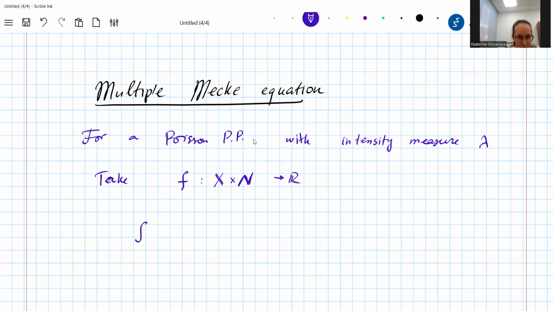Then if I integrate over all points x in the point process eta and take the expectation, this is the same as taking the expectation under the integral, where to the process eta I add the point x itself.